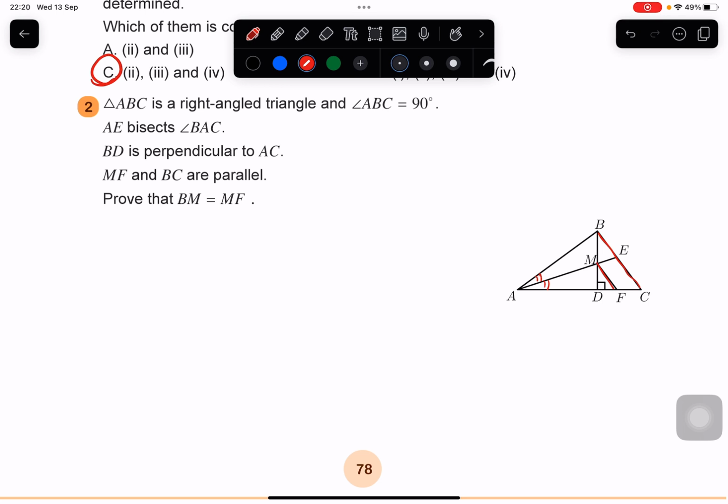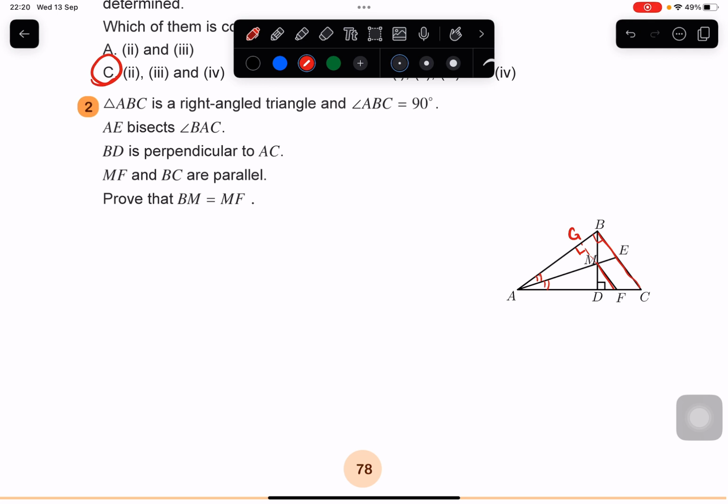First of all, it also tells us that ABC is equal to 90. So if ABC is equal to 90 and MF is parallel to BC, if I'm drawing an extension from MF, you can say that this point is G, and then you're going to get another right angle there.